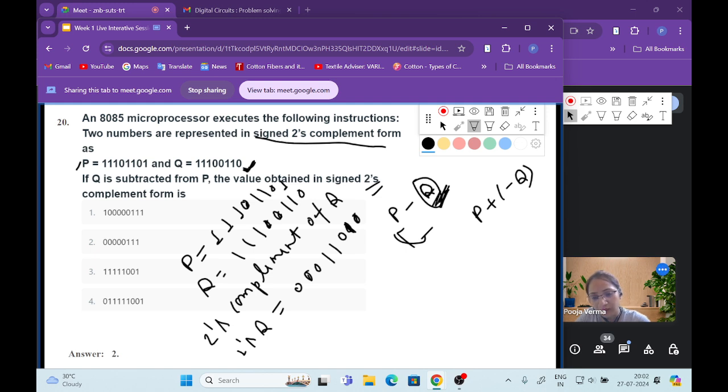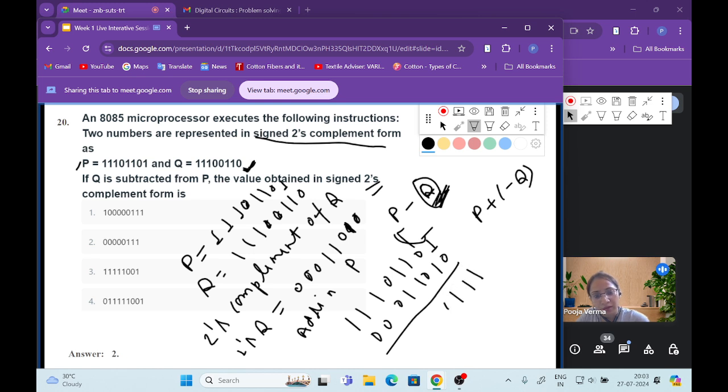Now add it to P. So P is 1 1 1 0 1 1 0 1 and we add the 2's complement of Q. The carry or borrow at the end, you can discard it, and the rest is the 2's complement result.